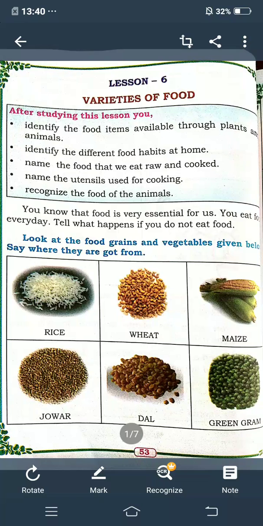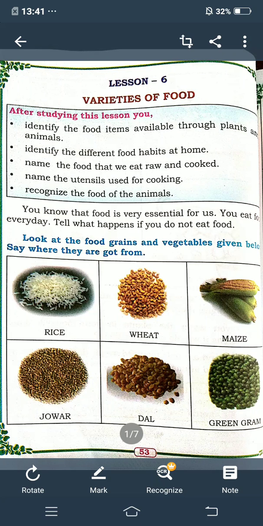Now children, here there are some pictures given. Look at the food grains and vegetables given below and say where they are got from. So from where do we get these vegetables and food grains?